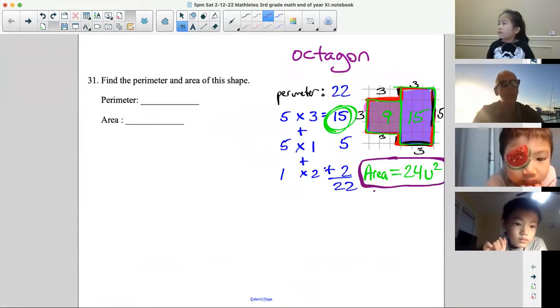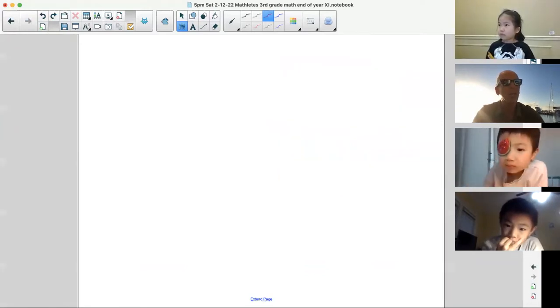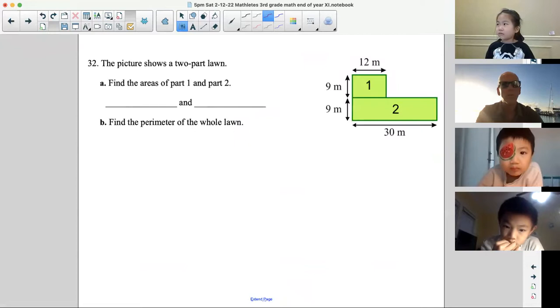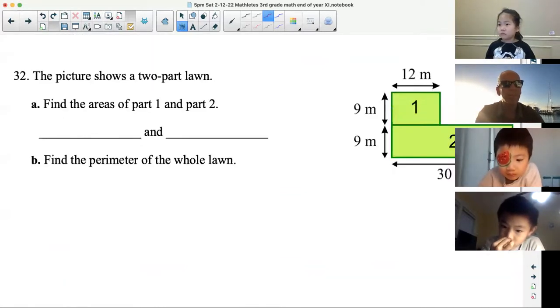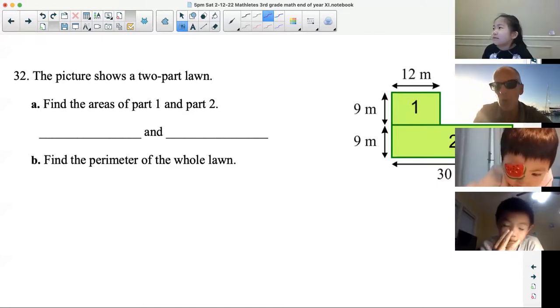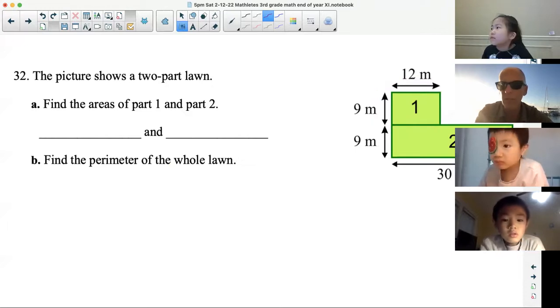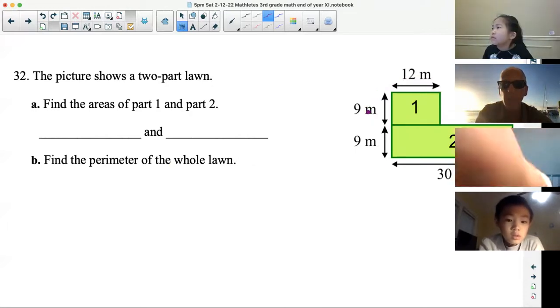Now, let's go to this problem here. Now, I have a picture that shows a 2-part lawn. Part number 1 has dimensions of 9 meters by 12 meters.